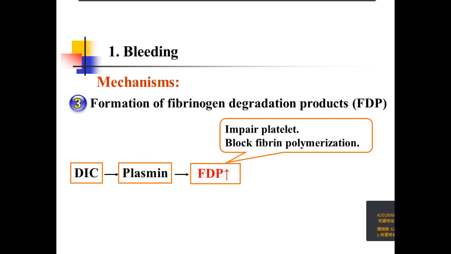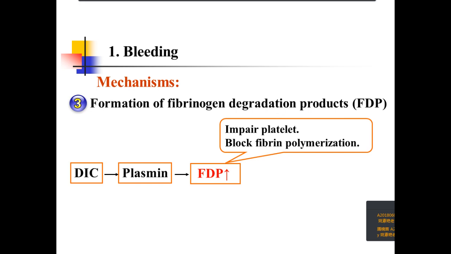Now, what is the first manifestation of DIC? Why does this manifestation happen? You might remember the pathogenesis of bleeding in DIC.